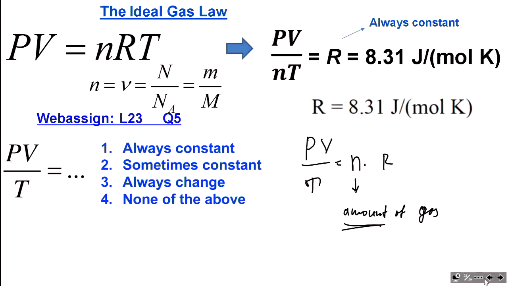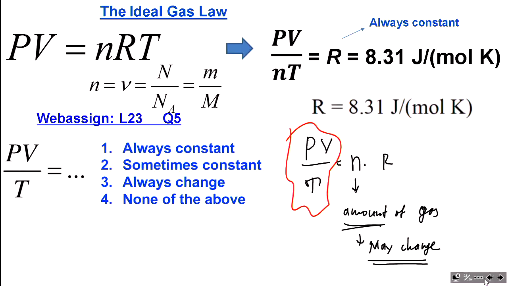Like this. If I change the amount of gas, this variable may change, may. So this ratio is not always constant, and it's not always changing. Sometimes it is, sometimes it's not. We have to pay attention.